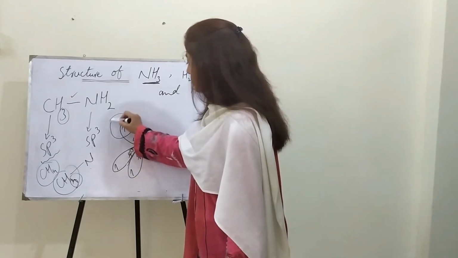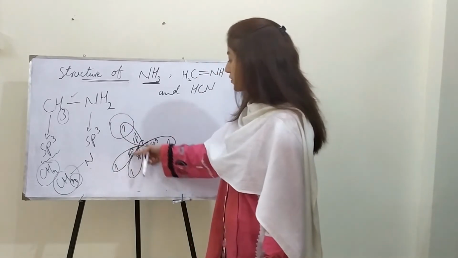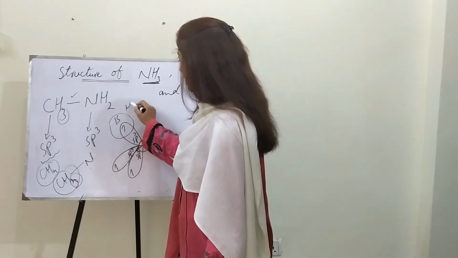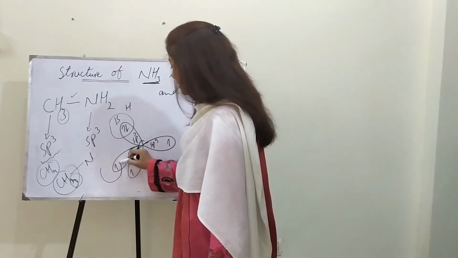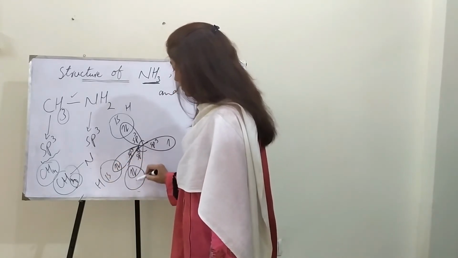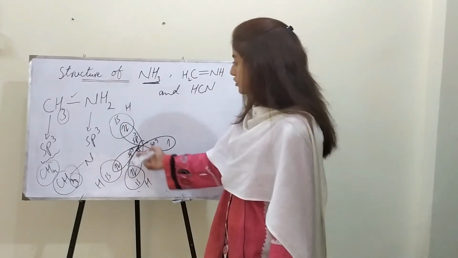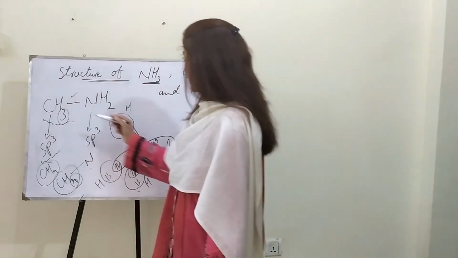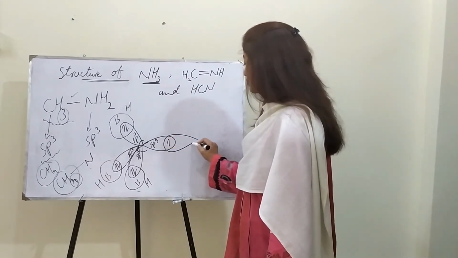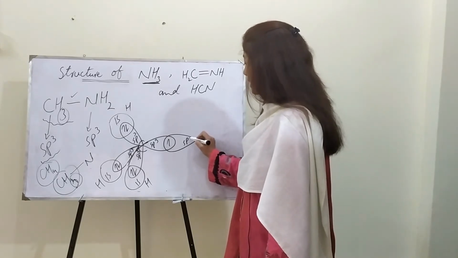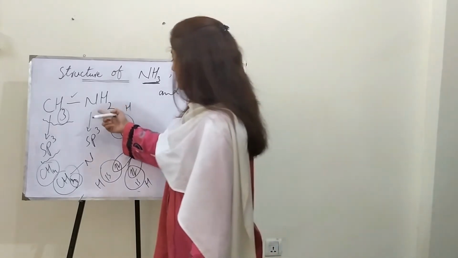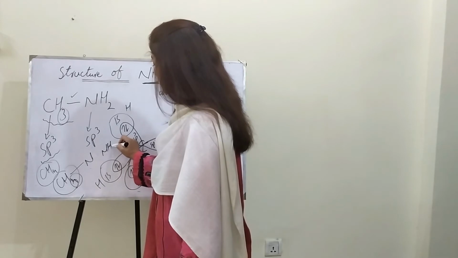So here these 1, 2 and 3, these 3 sp3 hybrid orbitals would overlap with 1s orbital of the hydrogen making the CH3, that is here this CH3. And now this sp3 hybrid orbital would combine or would overlap with the sp3 hybrid orbital of the nitrogen, because it is also in the same way as NH3.